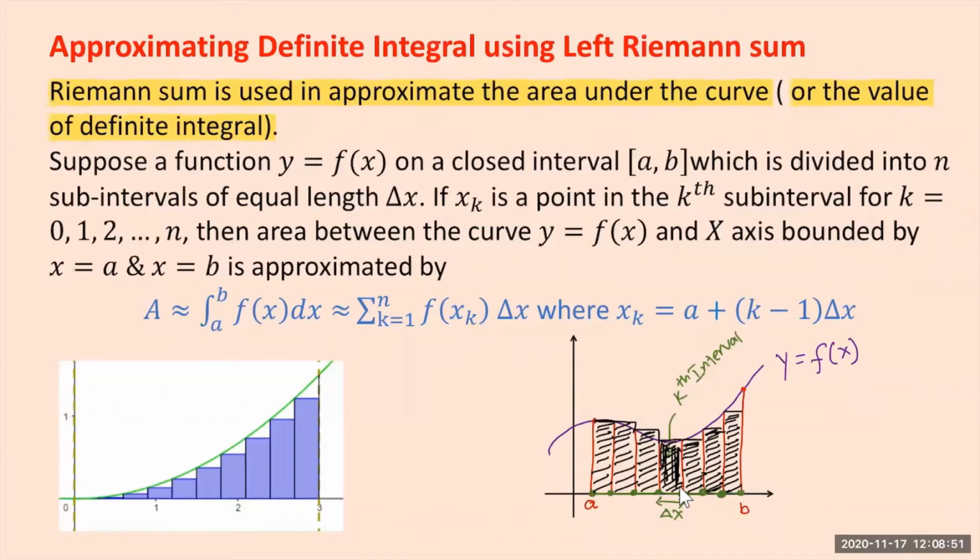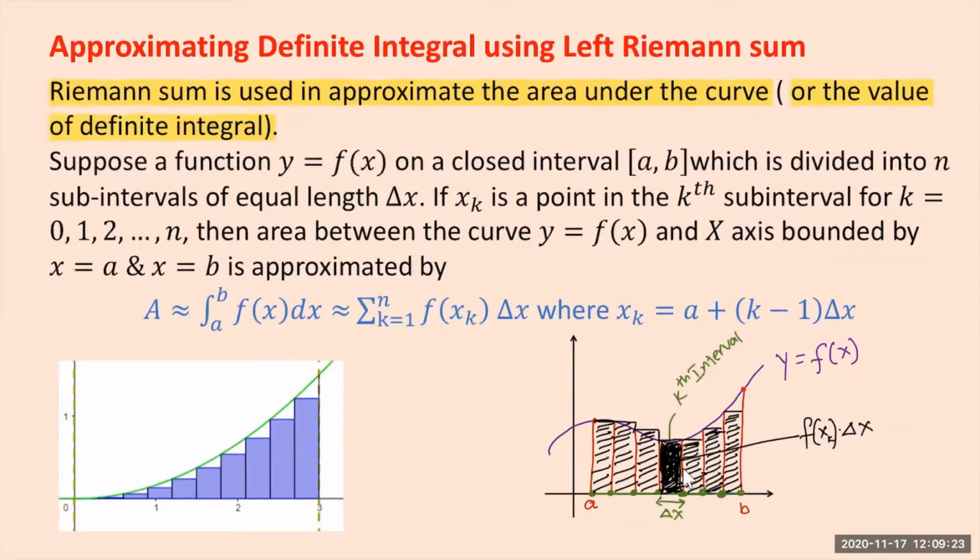The area of that rectangle will be: the width is delta x, and the height, because it is in the kth position at xk, is the value of the function, f of xk. So f of xk times delta x, because width times height gives you the area of that rectangle.